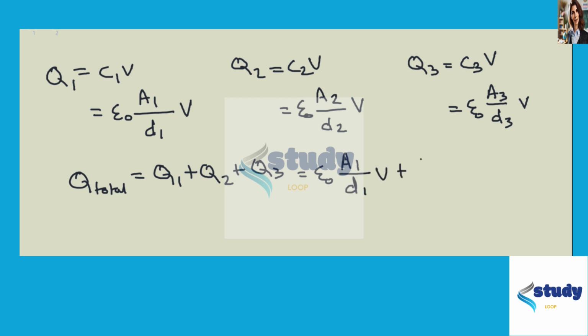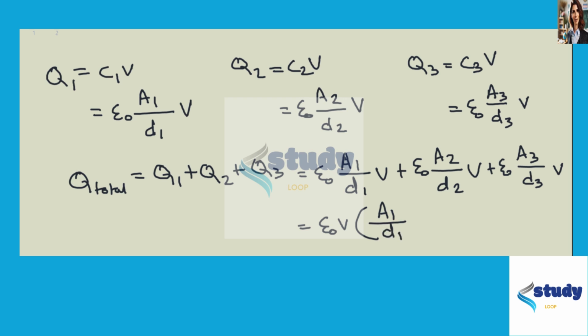Epsilon naught A1 over D1 plus epsilon naught A2 over D2 plus epsilon naught A3 over D3, times V. We see epsilon naught and V are common for all three, so we can take them outside. So we'll have A1 over D1 plus A2 over D2 plus A3 over D3.